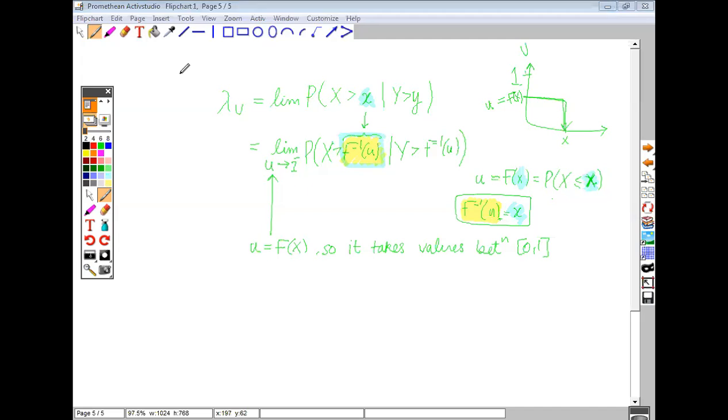We're looking at upper tail dependence. And whenever I'm talking about upper tail dependence, what I care about is this area right here. So my u has to go as high as it can possibly, which is in theory 1. Does this make sense?